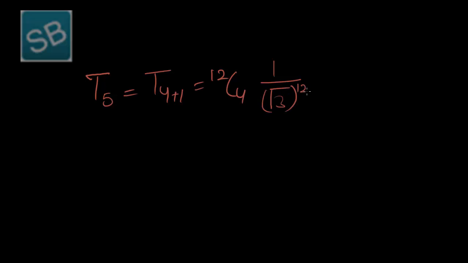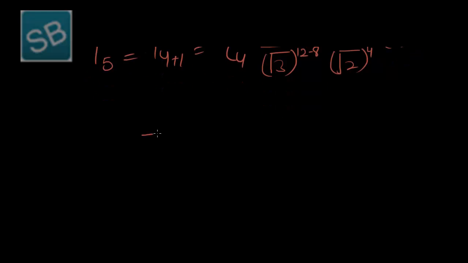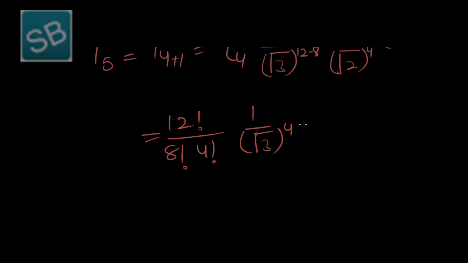That is T of r plus 1, that is 4 plus 1, 5, that is T of 4 plus 1: 12C4, 1 over under root 3 raised to 12 minus 2r, that is 8, 1 over under root 2 raised to power r, that is 4, into x raised to 6 minus 3 by 2 into r, that is 4. So we get 12 factorial over 8 factorial into 4 factorial, 1 over under root 3 raised to power 4 into 1 over under root 2 raised to power 4, x raised to power 0.